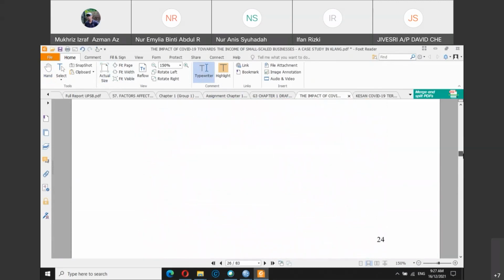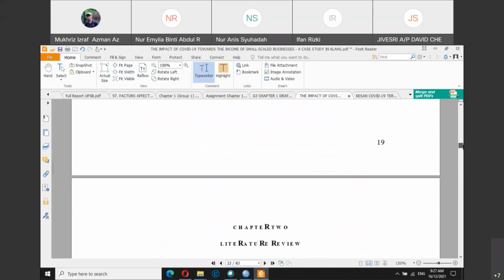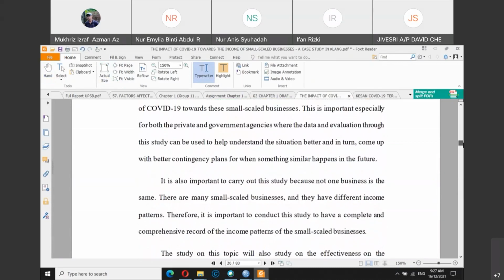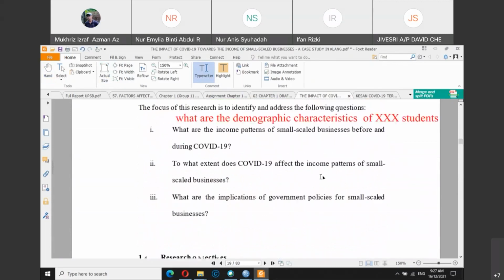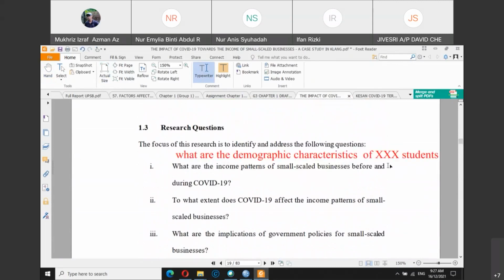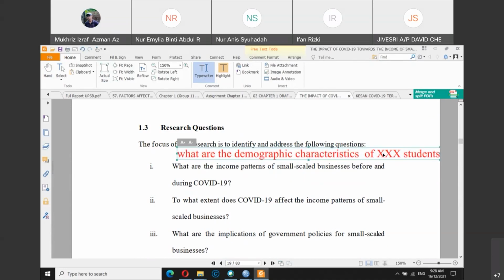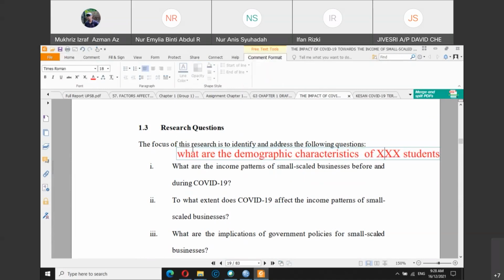So this is what you all need to have in your research question number 1: what are the demographic characteristics of your SAB or COB or whatever respondents. If not students, then for example the employees of UUM, or low income groups or the B40 residents in Kedah. This last part depends on who your target respondents are.